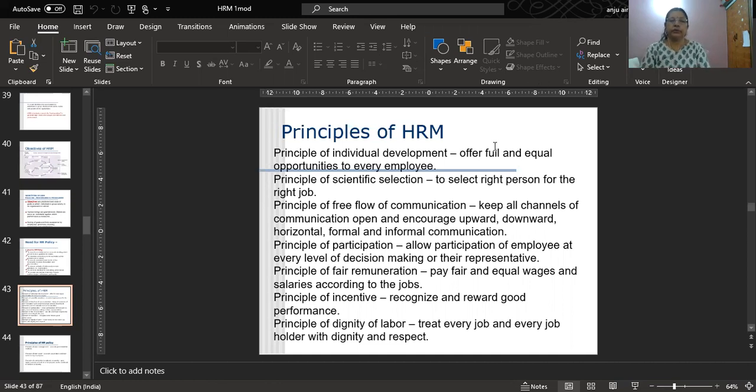Principle of scientific selection means you select the right people who have the skills, knowledge, and abilities for the right job. That is the principle of scientific selection.